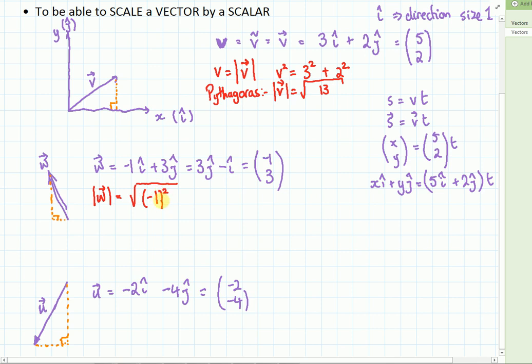Calculators have two negatives. They've got a negative property of a number and a negative subtract sign. The subtract sign I've got no problem with, but the negative property number, it treats it as a subtract. So it squares first and then puts the minus on it. So to make sure that you put the minus first, you put the minus in a bracket and square it. And then we add on 3 squared. So this is the square root of 10.